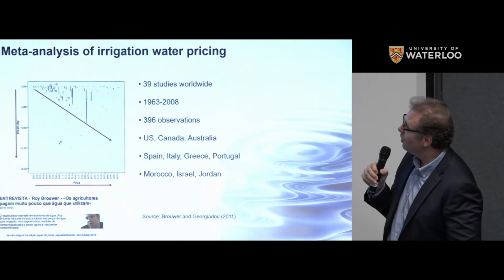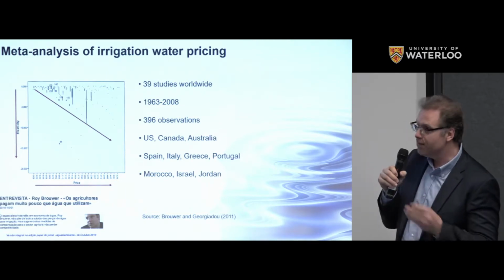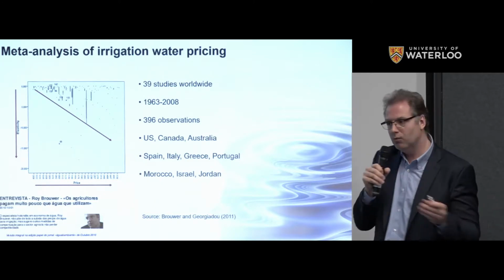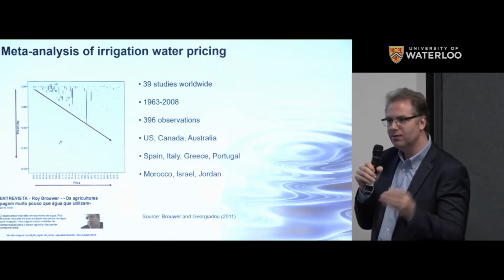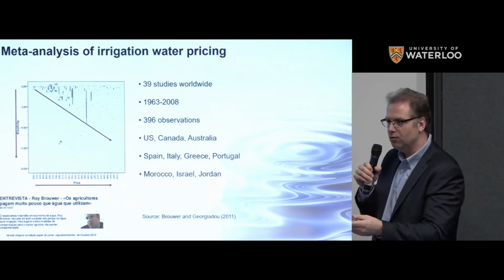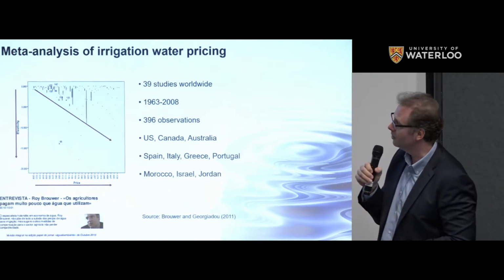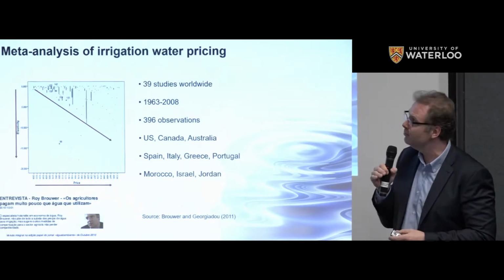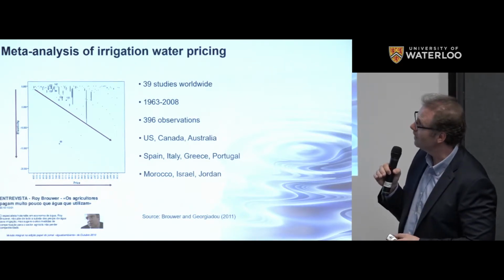So I did some work on that, and so typically what you hear, including from policymakers, is that water pricing is inelastic. And if you look at residential water demand and industrial water demand, that was exactly what you saw in the previous picture. And so I investigated to what extent there was any empirical evidence available related to agriculture.